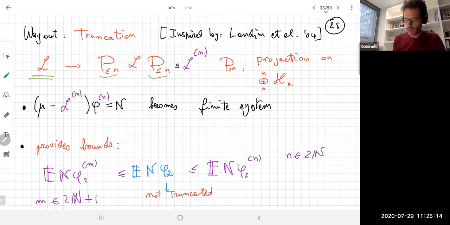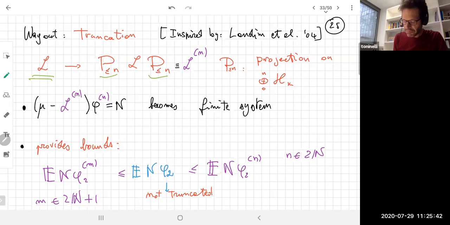So when you take this truncated generator and apply it to some function, first it projects on the chaoses up to n, then it applies L, and then it reprojects on the chaoses up to n, because once you apply L, you could have a component on n plus 1, which you want to kill again. Okay, so it's really a truncated thing. It's like forgetting all the chaoses of order n plus 1, n plus 2, and so on.